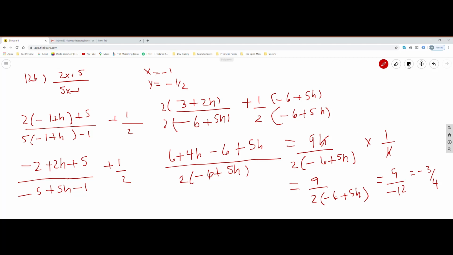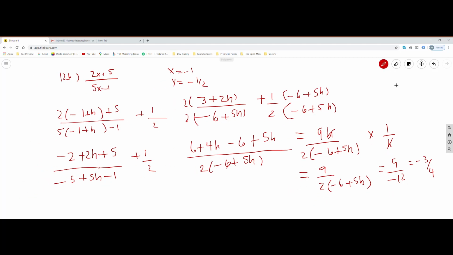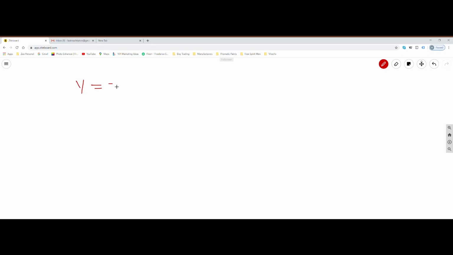So in order to find the equation, negative 3 over 4, and we had the points. The points were negative half equals 3 over 4 times negative 1, plus b. Negative 1/2 becomes positive, so when you bring it to the other side, it becomes negative, because b.